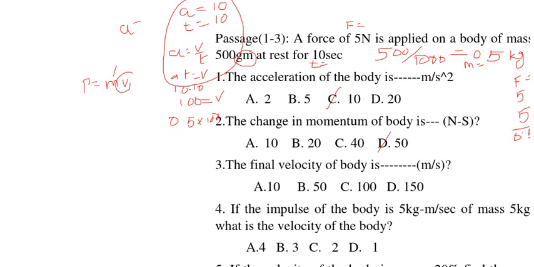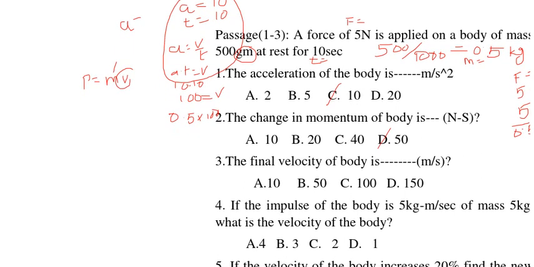Then the final velocity: we have to find the velocity of the body. How much did you get the velocity in the previous question? Your velocity is 100, so your answer is 100. That's the question. If you solve the first question, that helps with the second question.